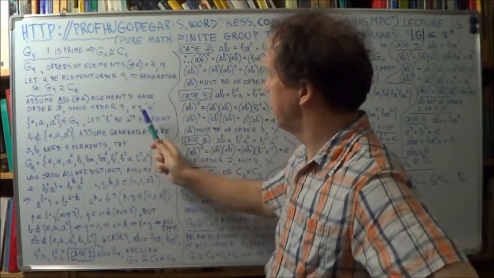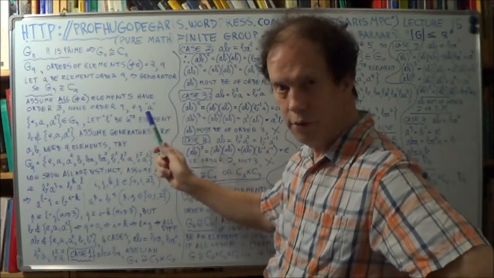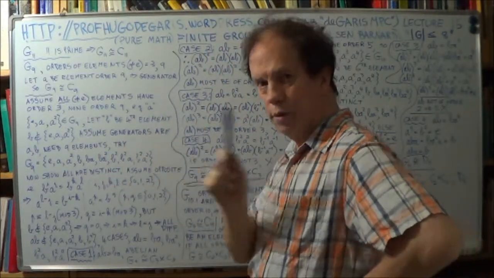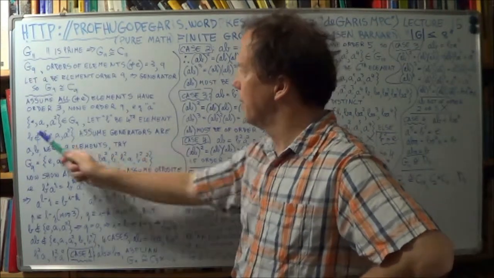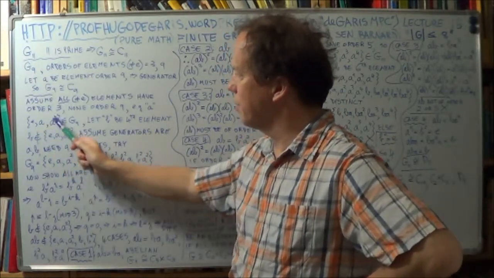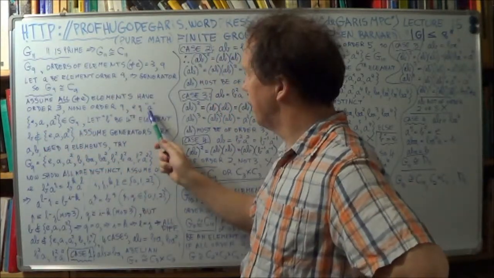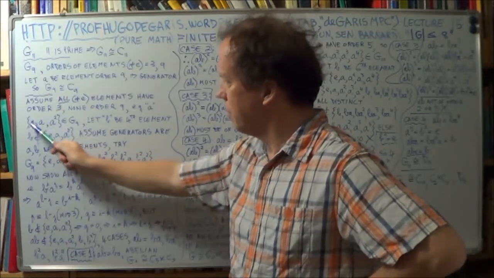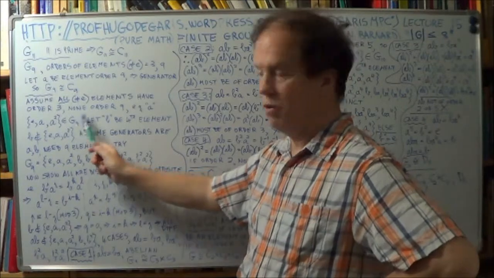Now let A be one of those elements of order 3. So we can generate a subgroup, as one of the theorems from quite a few lectures back says, from this element: E, A, and A squared. Remember that was the subgroup generated by an element. So these 3 elements belong to this group, G9.